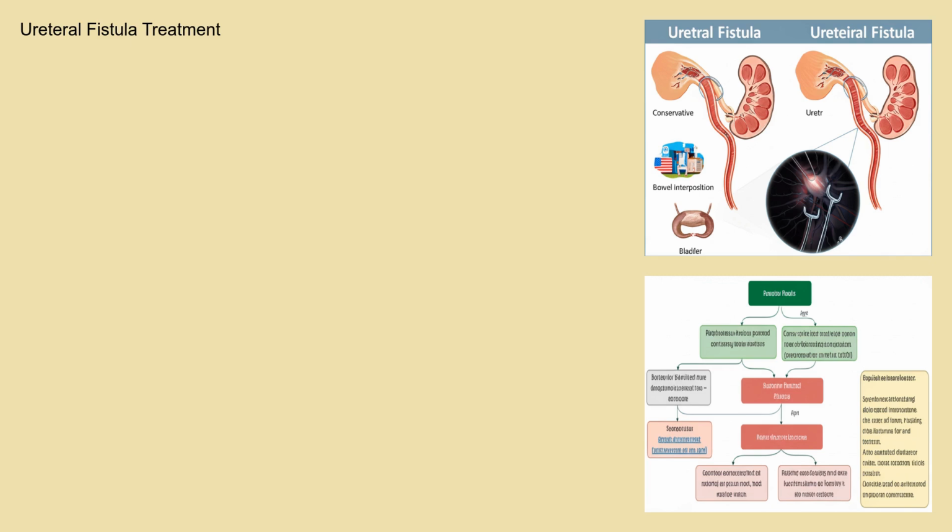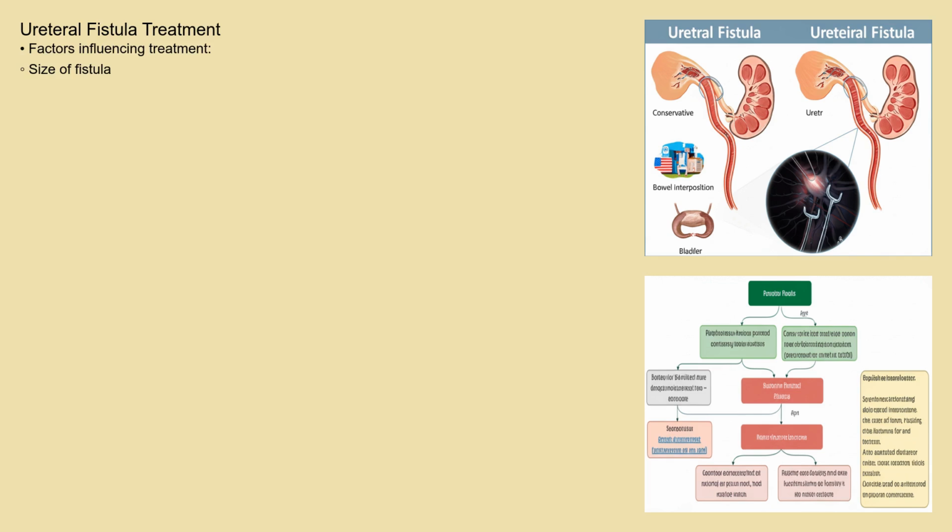The treatment of a ureteral fistula depends on the size, location, and cause of the fistula, as well as the patient's overall health. In some cases, small fistulas may heal spontaneously with conservative management, which includes bladder drainage with a catheter and antibiotic therapy to prevent or treat infection. However, most ureteral fistulas require surgical intervention. Surgical options include open surgery, laparoscopic surgery, and robotic-assisted surgery.